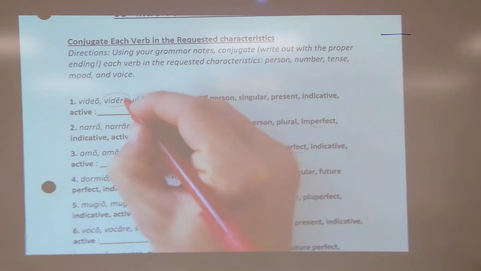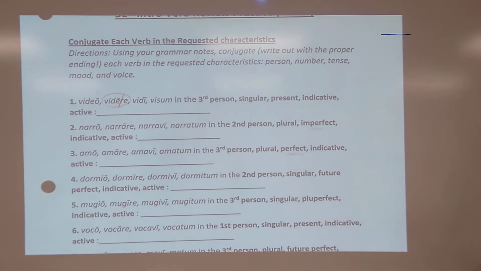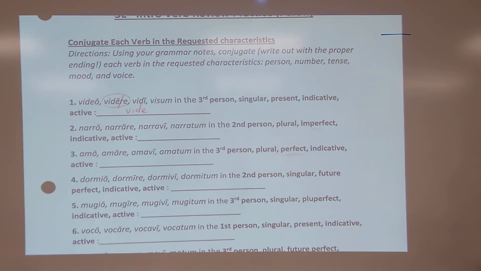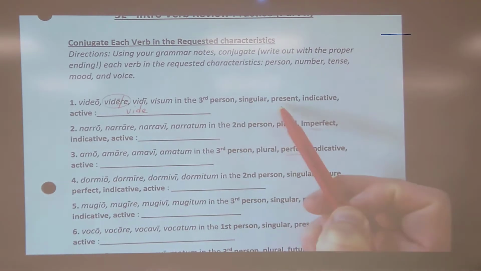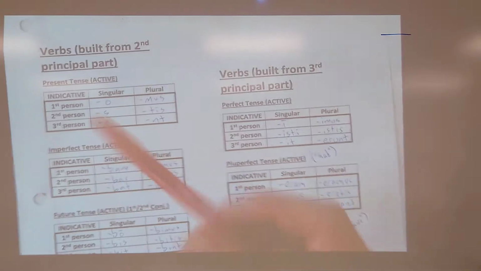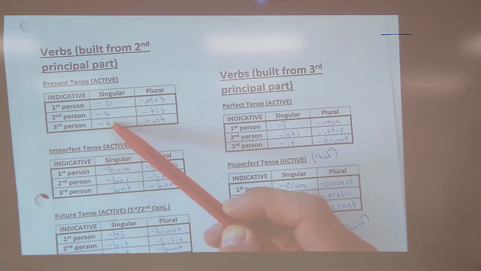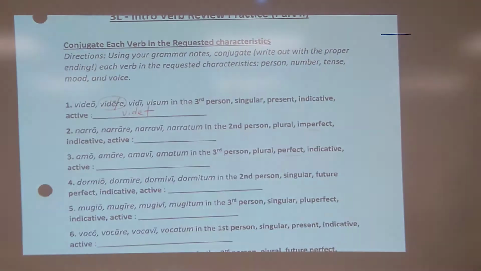Then you chop off the RE. This gives us our stem, which we put right in there. Then we need the third person singular ending for the present tense. Our ending is T. So videt is our answer.